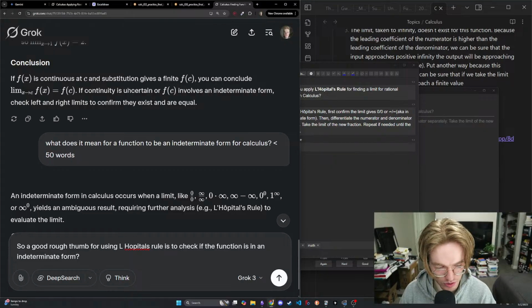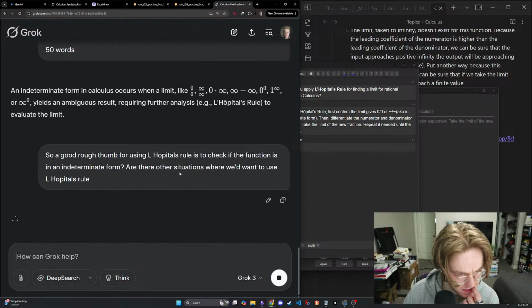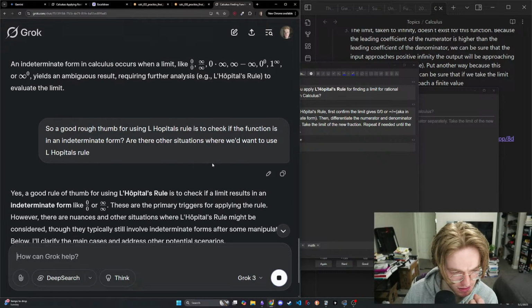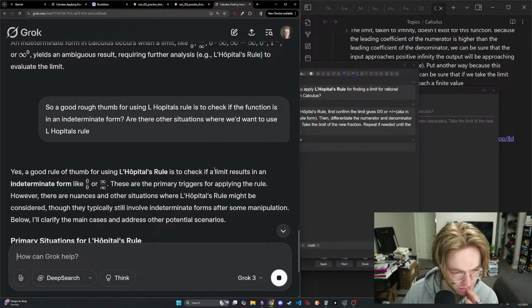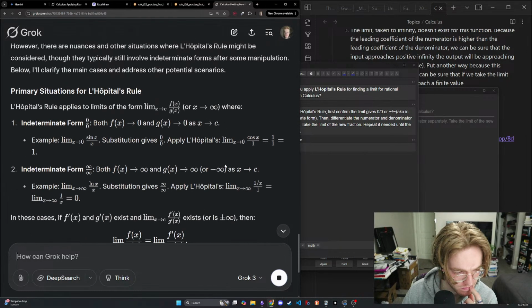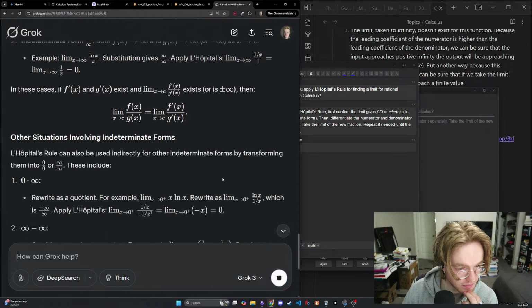Are there other situations where we'd want to use L'Hopital's rule? Okay, so the primary situation is when we have an indeterminate form.